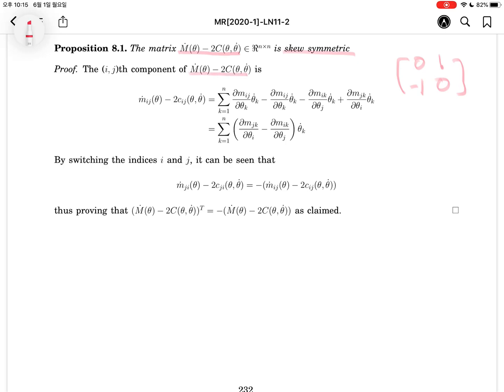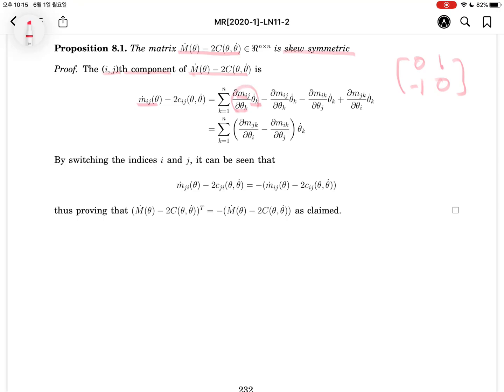The i-th row, j-th column component of M dot minus 2C can be written using the Christoffel symbol. For M dot, if you take the chain rule, it is round m_ij over round theta k, multiplied by theta k dot.